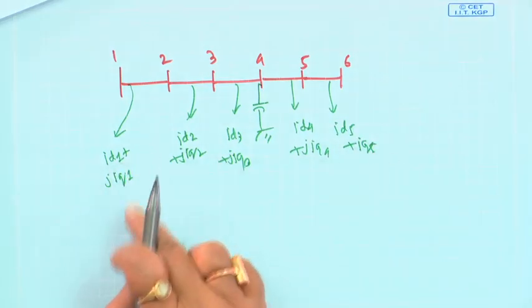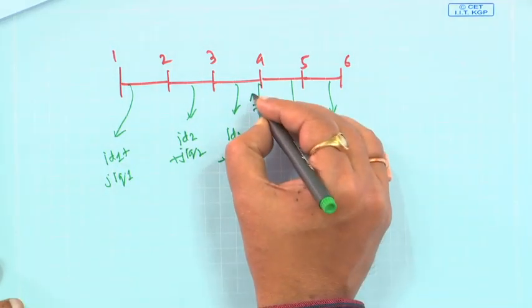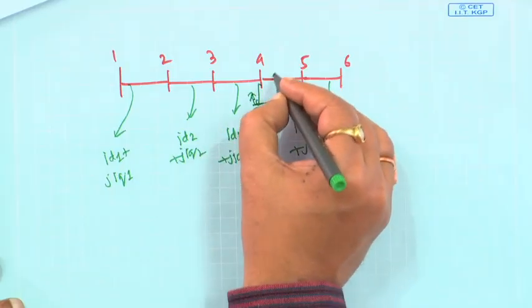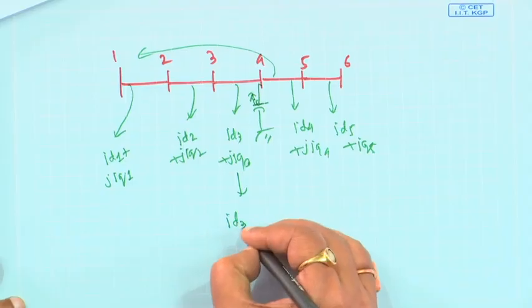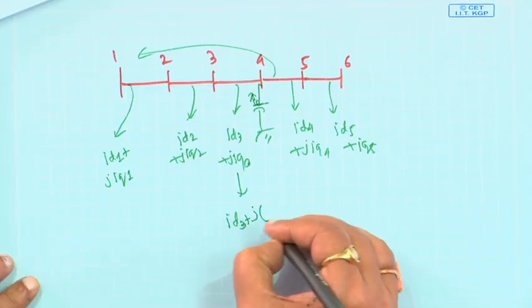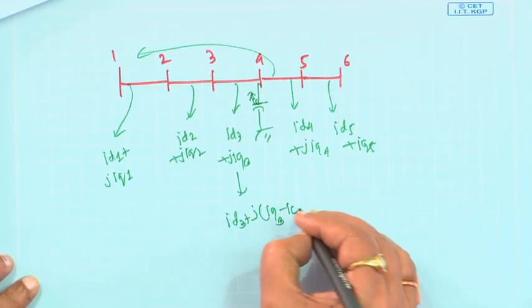This is in terms of real and imaginary, and this capacitor current is IC. I told you this current will be moving like this. So ultimately this branch effective current will be ID3 plus j IQ3 minus IC4.